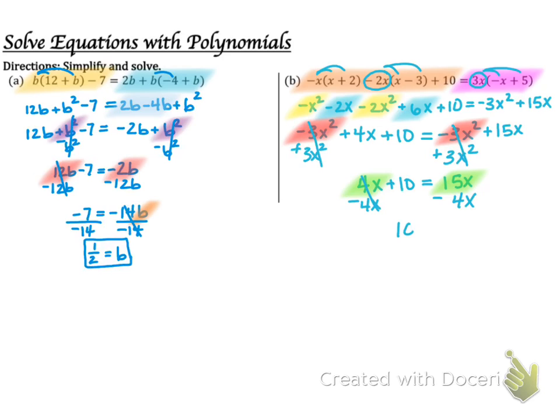Now I can simplify. I'm left over with 10 from the left-hand side and 11x from the right. I need to solve for x, so I divide by 11 to the right, divide by 11 to the left, and I get 10/11 equals x. X is now by itself, so that is my final answer.